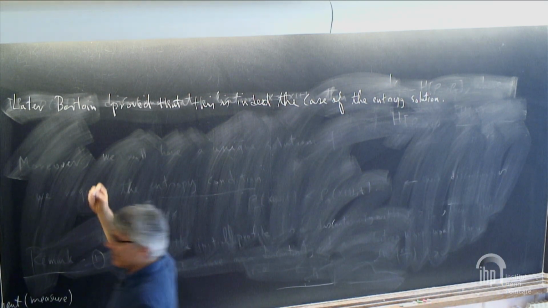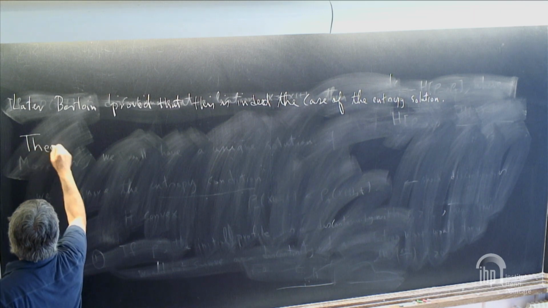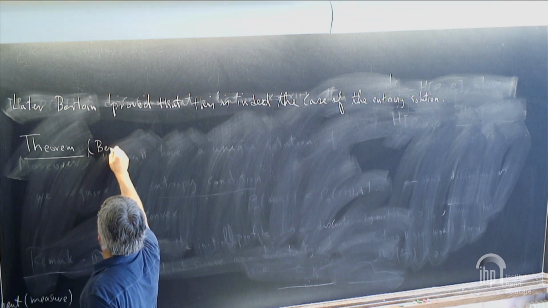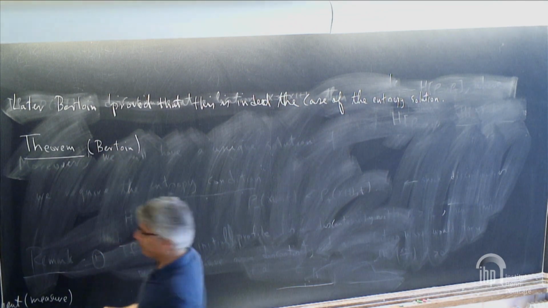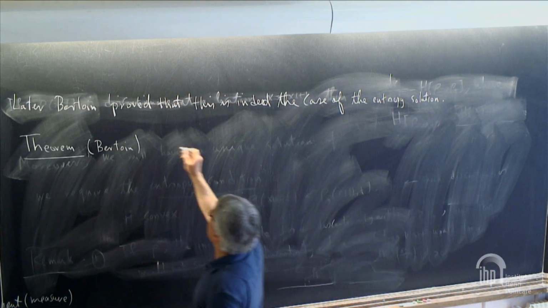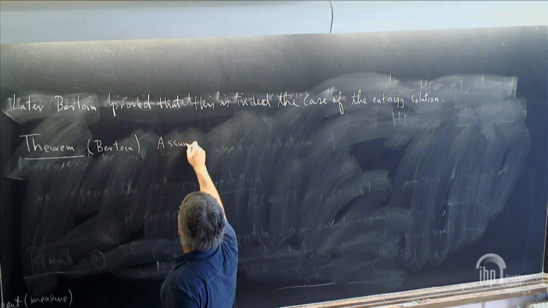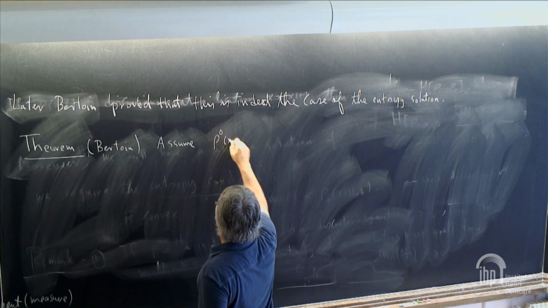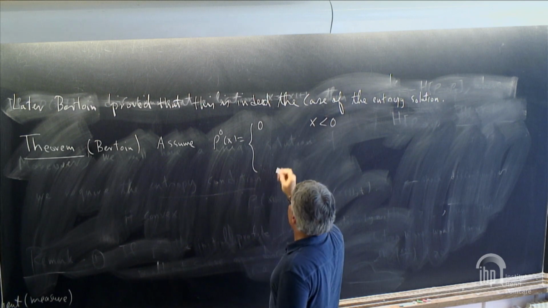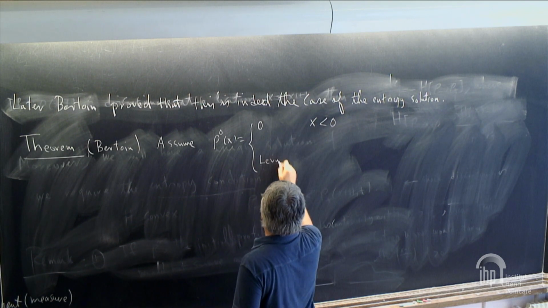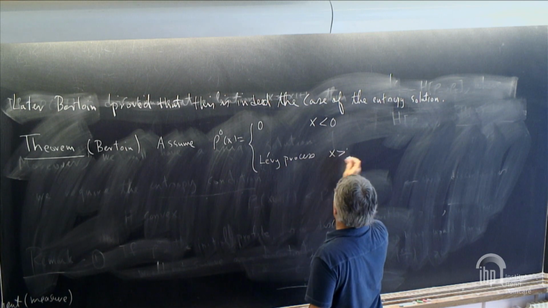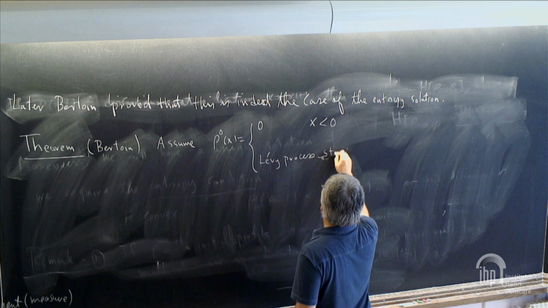Okay, so let me say this as a theorem now. So this is Berkeley. Assume rho 0 of x equals 0 for x negative and a Lévy process for x bigger than 0, a Lévy process starting from 0.